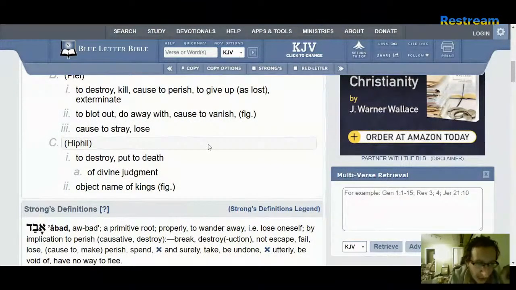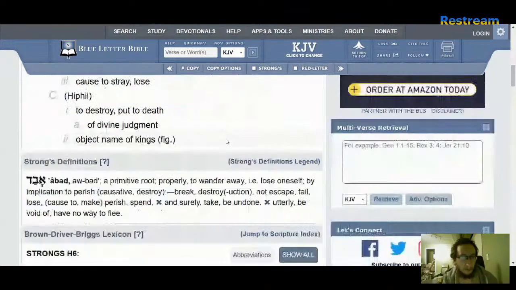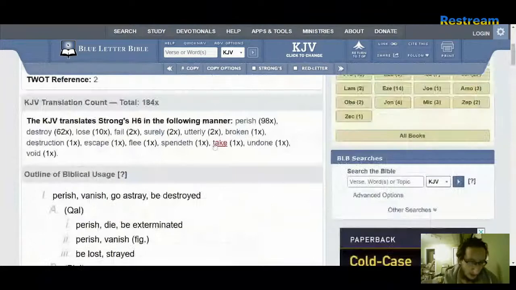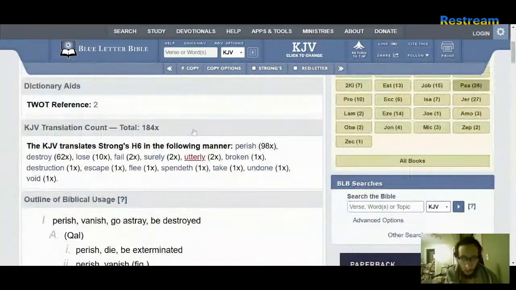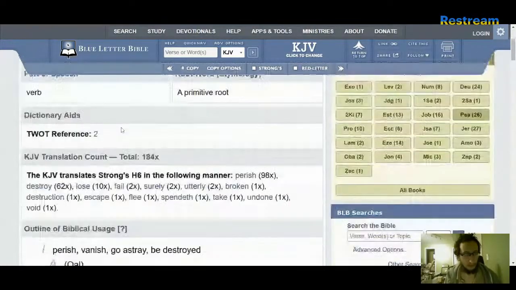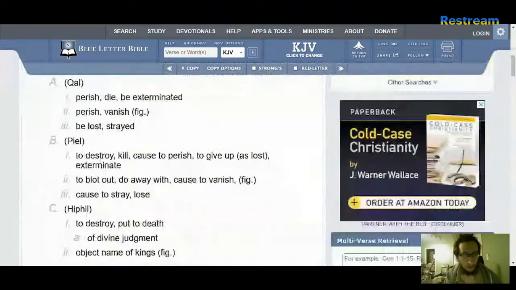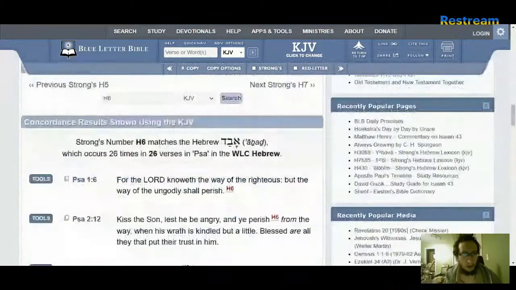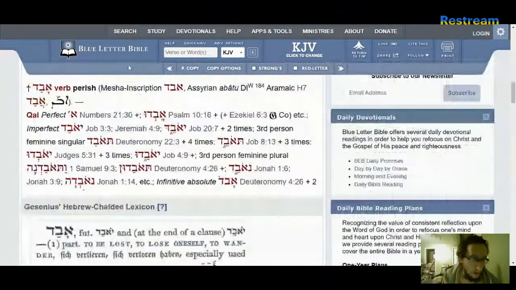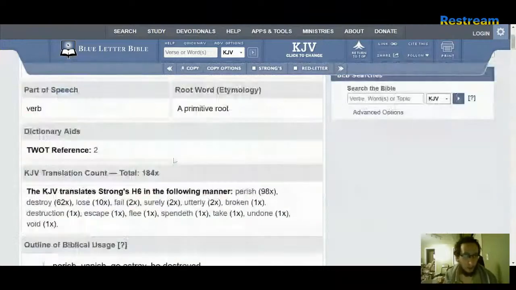So the meaning is actually more lost rather than destroyed. But lost can mean destroyed, and it can mean can't find it, depending on context. So the more literal definition would be lost. So a translation that's more literal should try to use lost as much as possible across the board.